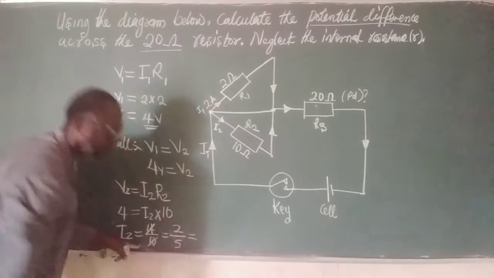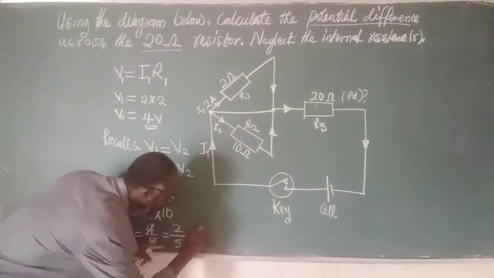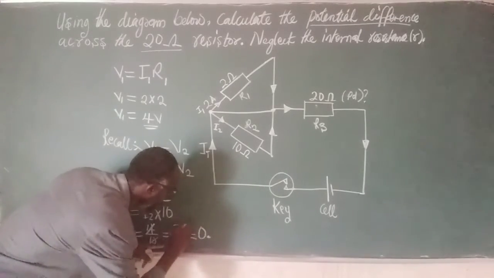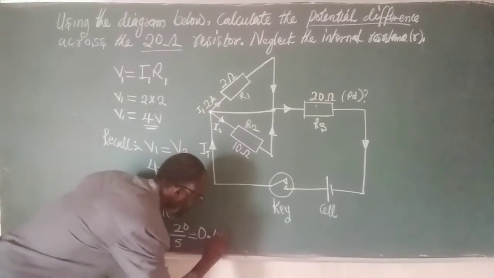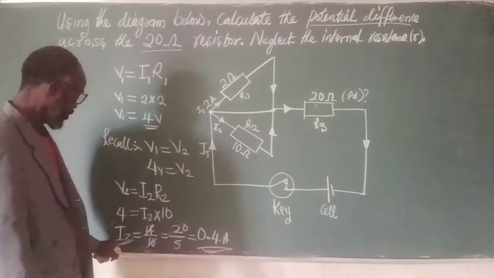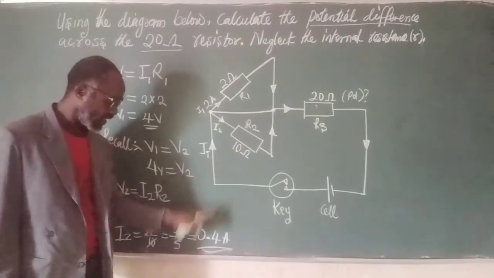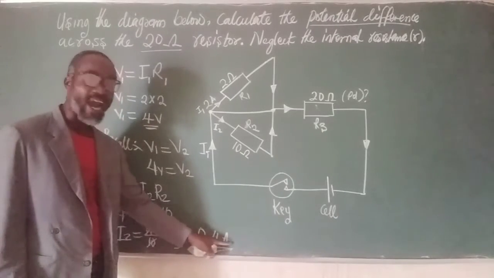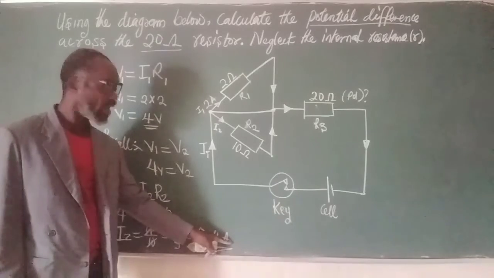So here, we can now do simple 5 divide 2 cannot. We put down 0, put point, and then add 0 here. 5 divide 20 is going to be 4. So, we now know that the current flowing into resistor 2, whose resistance is 10 ohms, is 0.4 amps. So, I2 is 0.4 amps.